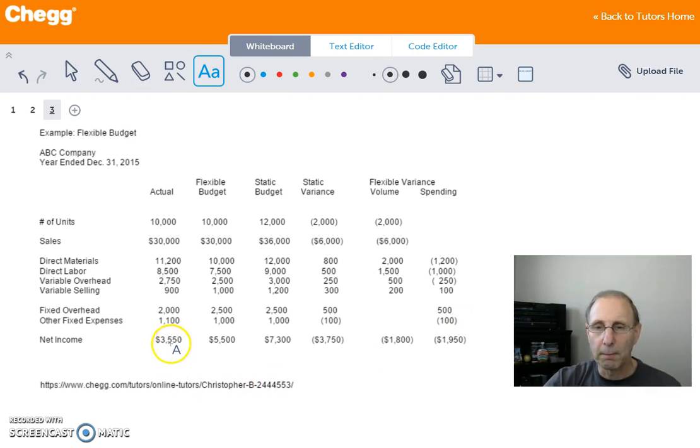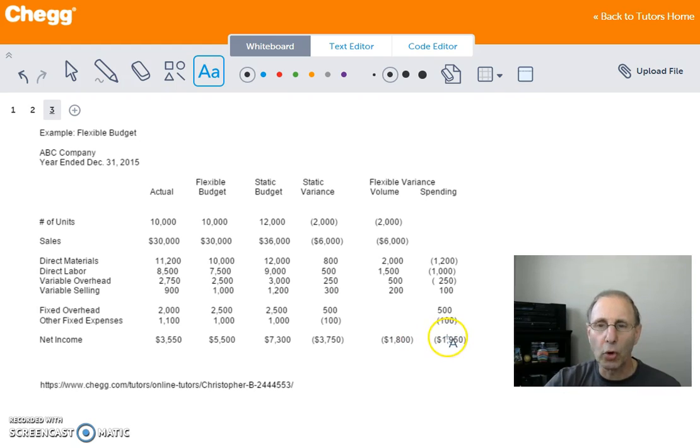So looking at the bottom line, in comparing our actual net income of $3,550 to our static or original budget projected at $7,300, we were unfavorable by $3,750. But the causal factors for that are twofold. One, we had a decrease in volume, so we were unfavorable by $1,800.